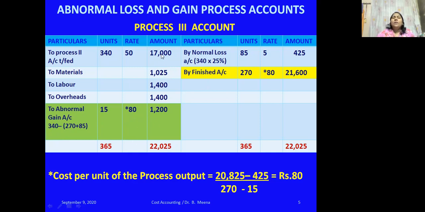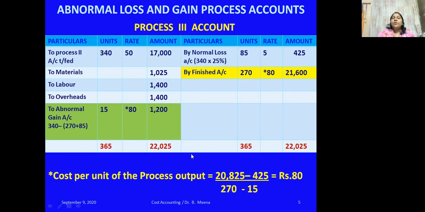So what is the total I'm getting for the debit side? 17,000 plus 1,025 plus 1,400 plus 1,400, it will come around 20,825, minus what is so far credited, 425, then divided by the output, 270. If I'm getting abnormal gain, as I told in the previous video, you need to deduct the 15 from the denominator. So what is the rate per ton?